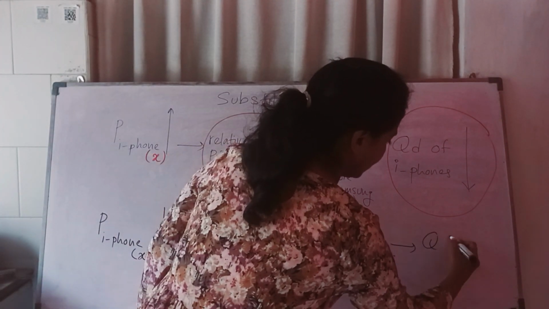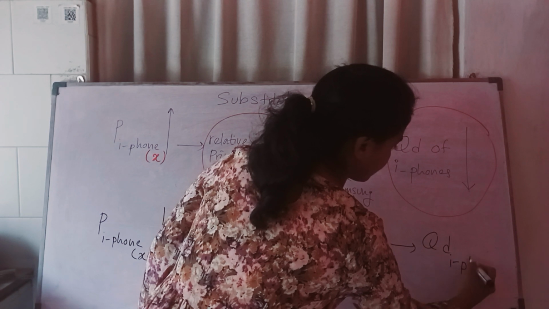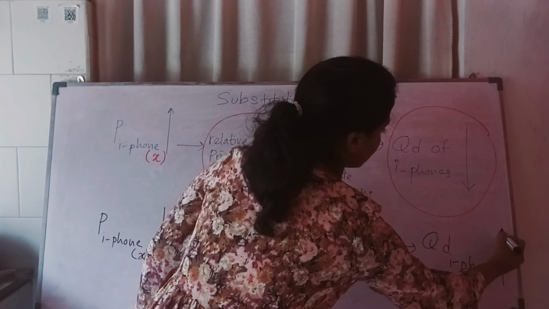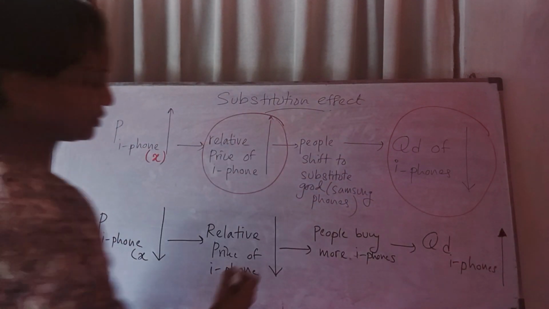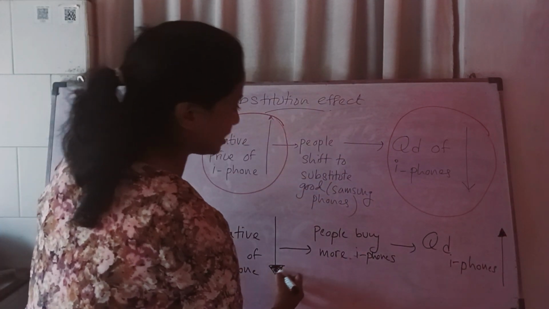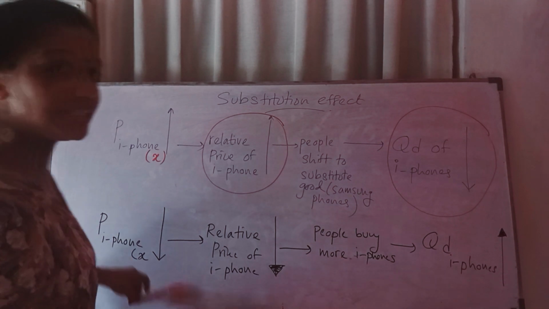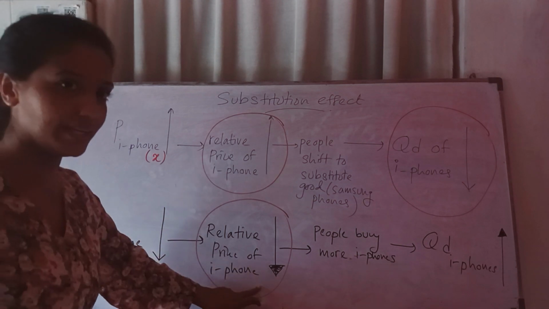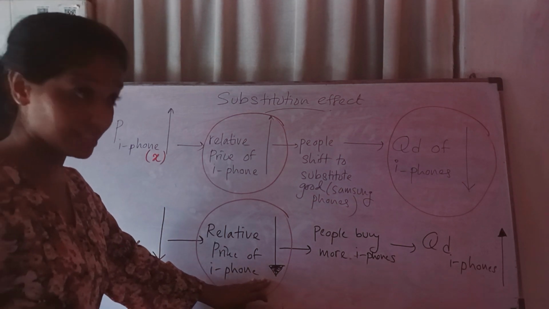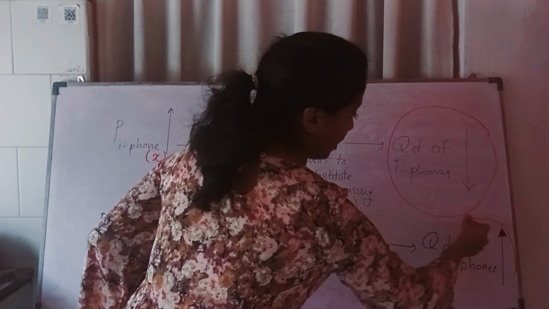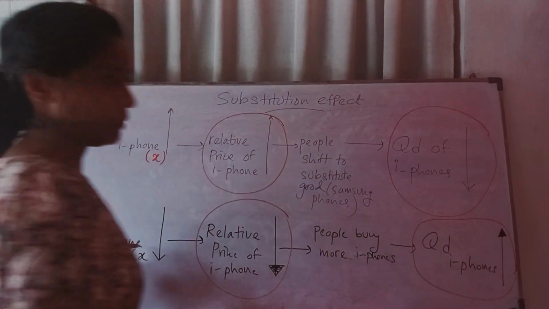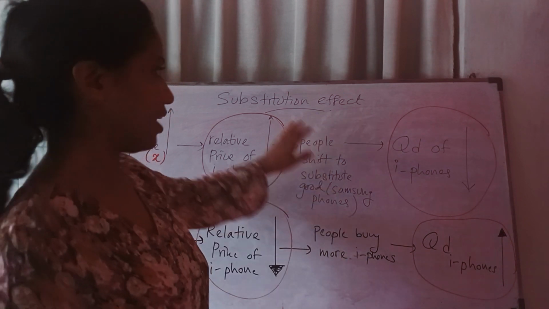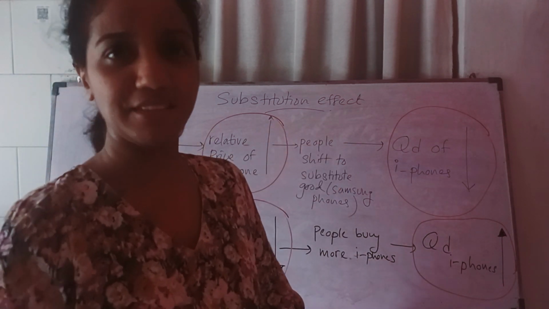Therefore, the quantity demand of iPhones increases, right? So here, children, again you can see there's a negative relationship between the relative price of the concerned good and its quantity demand when the price of the particular good changes. That is the meaning of substitution effect.